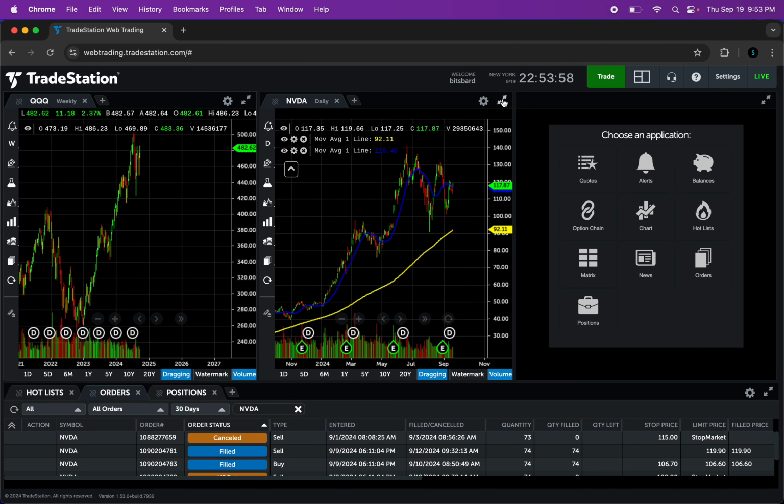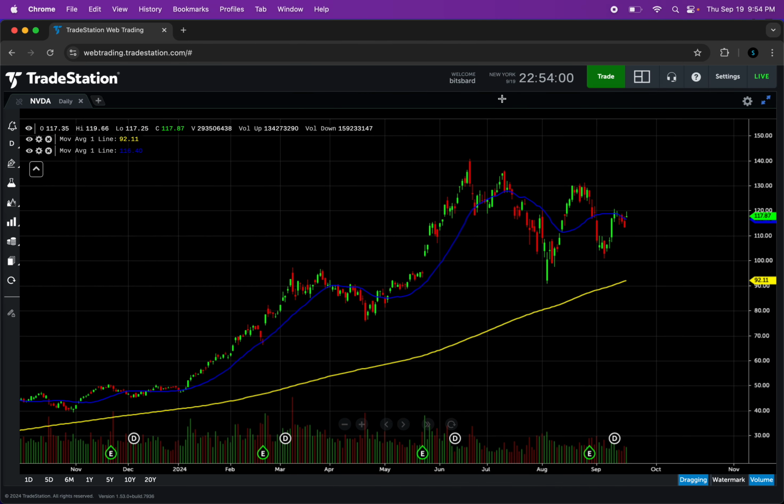Now focusing on NVDA. Here in the yellow you can see the 200-day simple moving average and the 20-day simple moving average in blue.